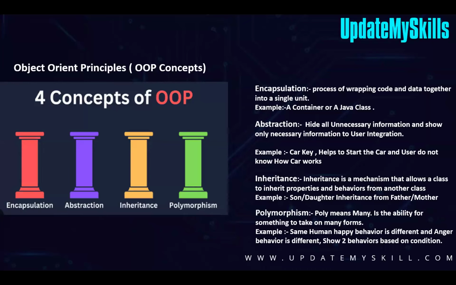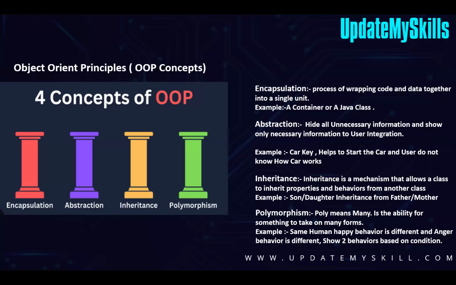What is object-oriented? In object-oriented programming, there are four main concepts we need to follow: encapsulation, abstraction, inheritance, and polymorphism.